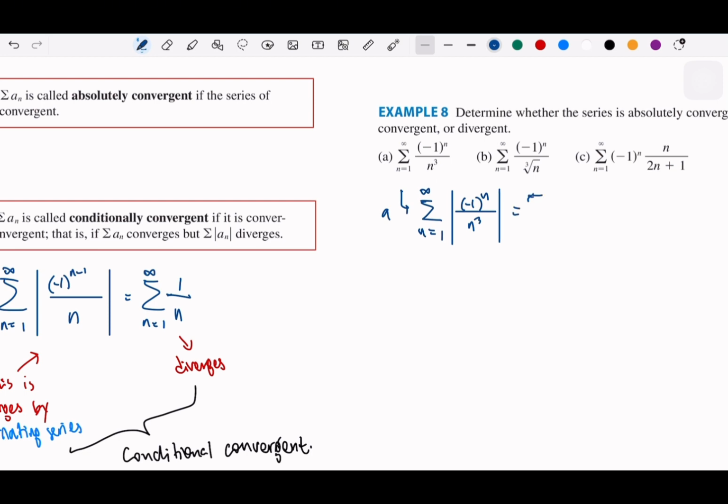We know that this will be convergent by the P series, right?